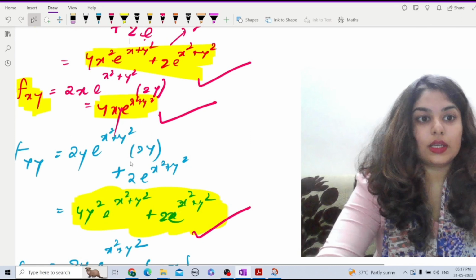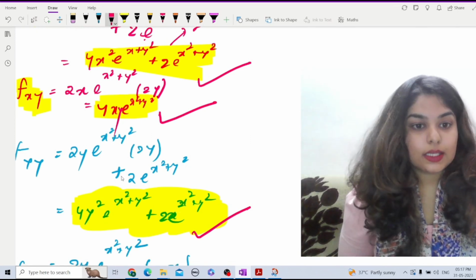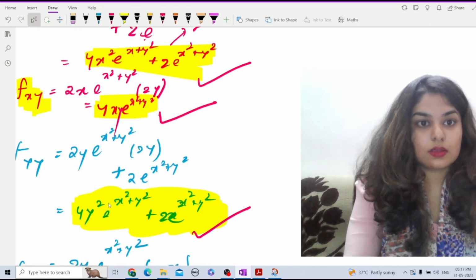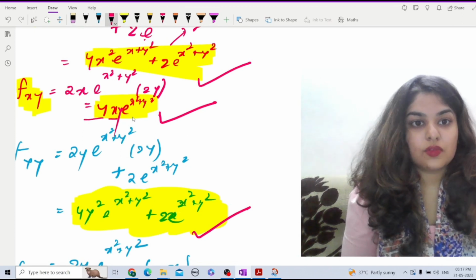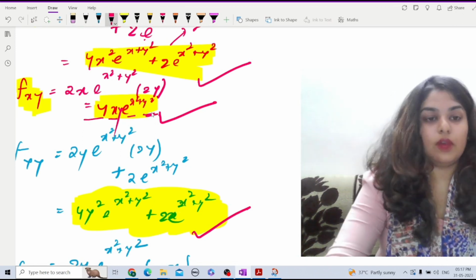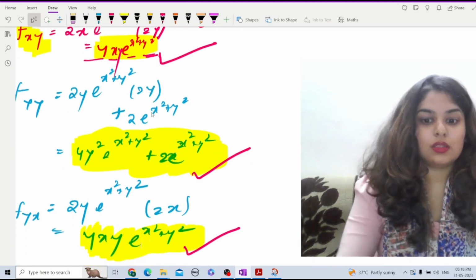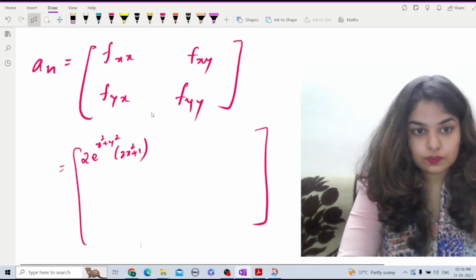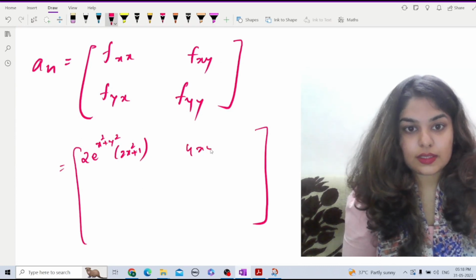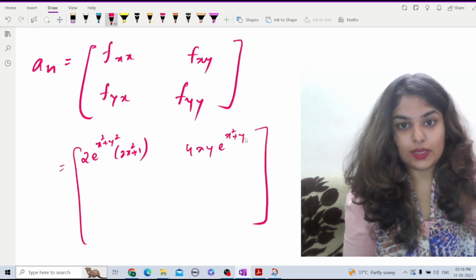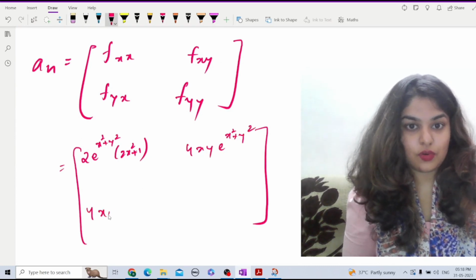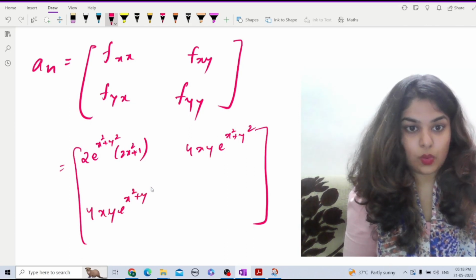Fxy, let's have a look at fxy. Fxy is 4xy e to the power x square plus y square, and if you look at it, fxy and fyx both are same, so we can just put the values here. So this is 4xy e to the power x square plus y square, and fyx is also the same, that is 4xy e to the power x square plus y square.